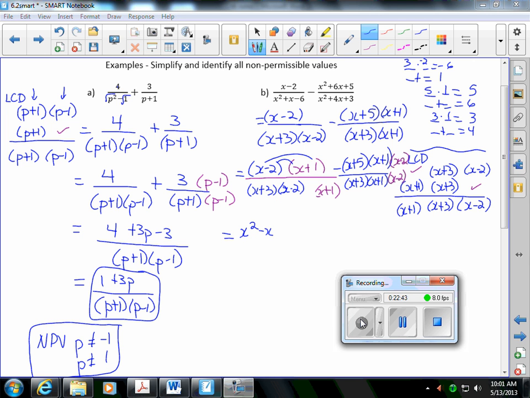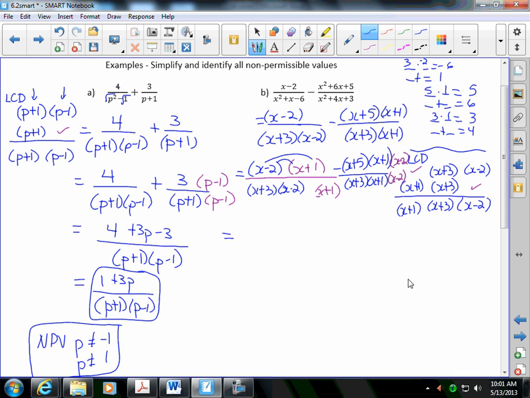Okay, actually, I'm going to stop there before I multiply through, because as I look through this, I could continue with what I was doing, but I'm going to end up multiplying here, having x plus 5 times x plus 1 times x minus 2. So I'm going to end up with a really big number that I'm going to have to try and factor.